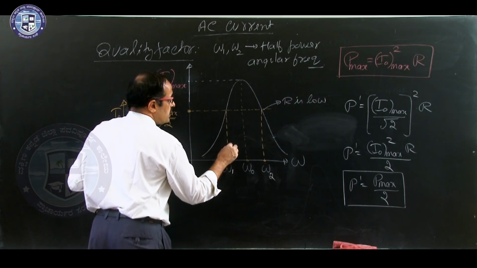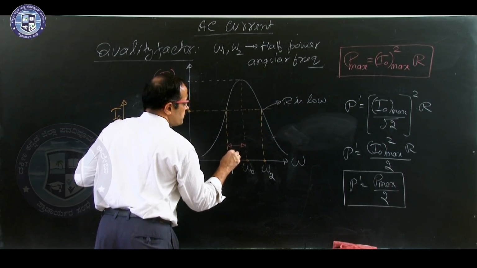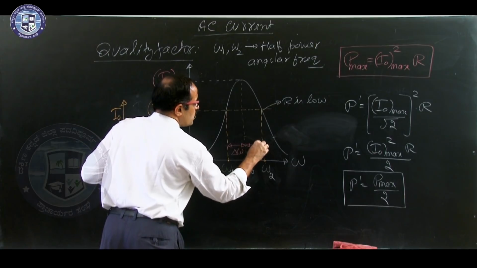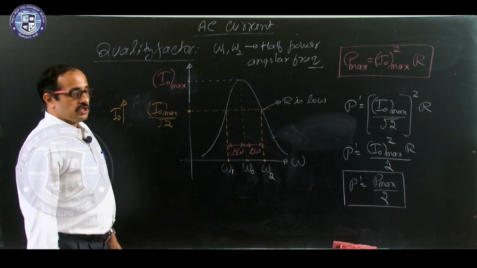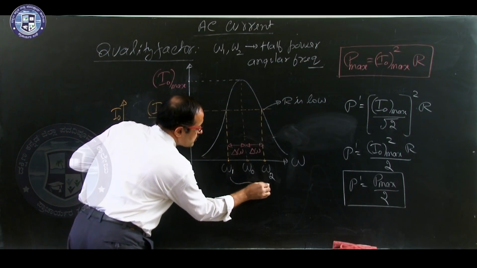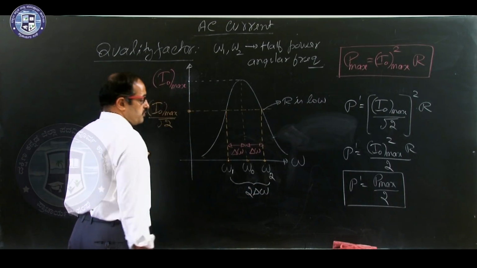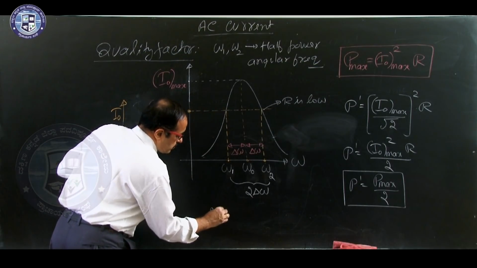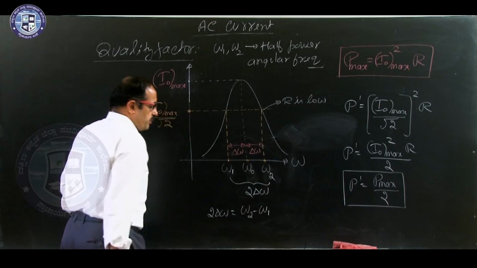Therefore, we can take this difference as delta omega, and this difference is also delta omega. Therefore, what is the total difference? Total difference is 2 delta omega. 2 delta omega is also equal to omega 2 minus omega 1.